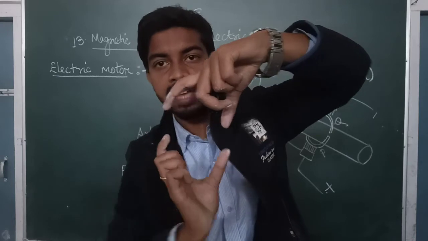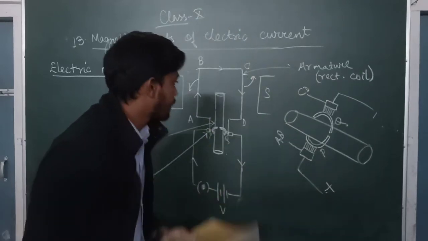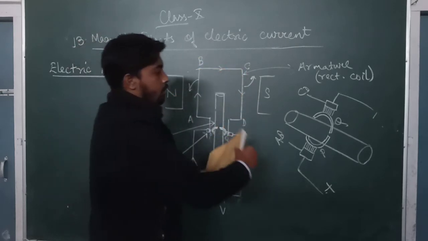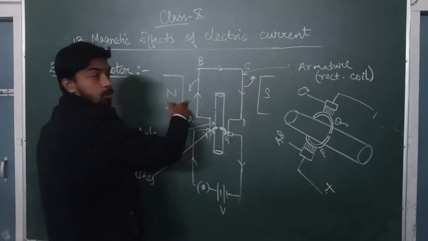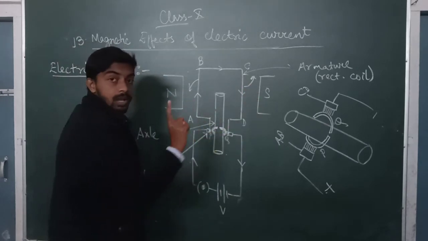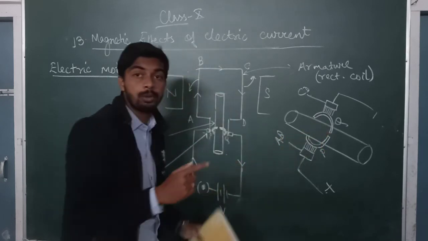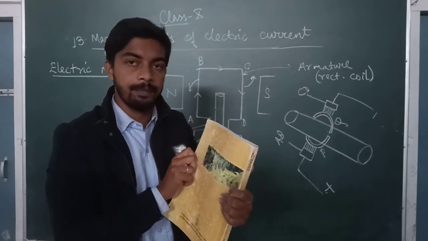Finally this side will come here and this side will come to this side. So CD will come to AB, and the axle and split rings will help to move the coil easily.